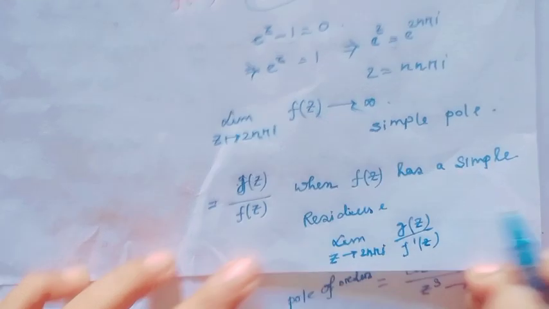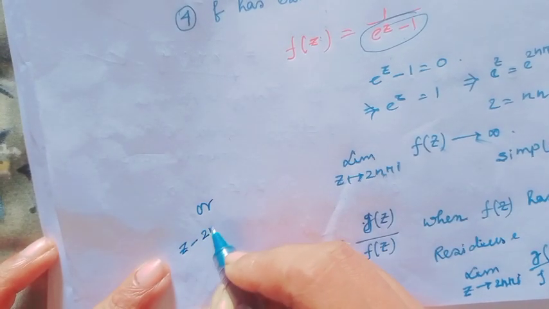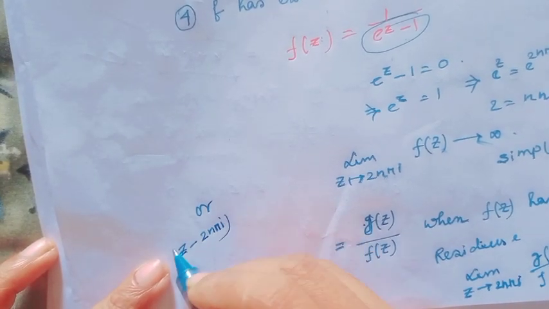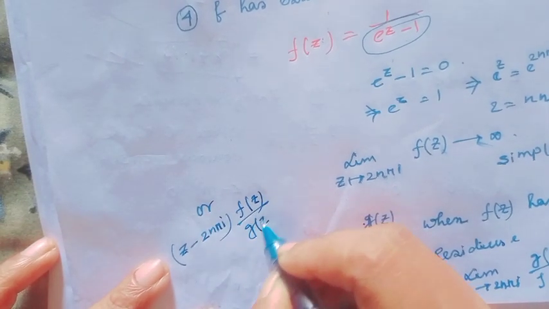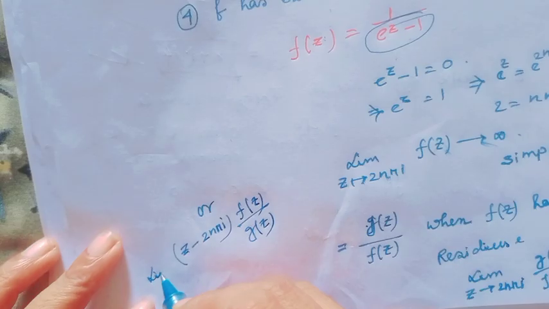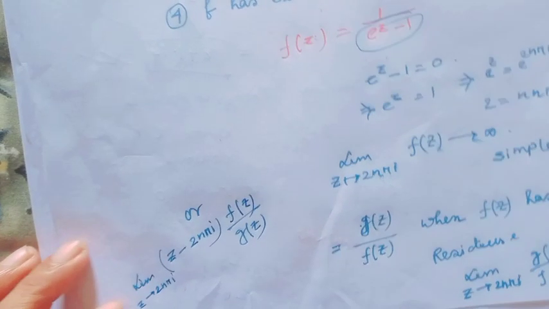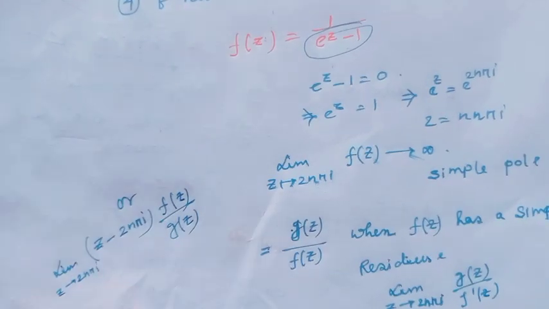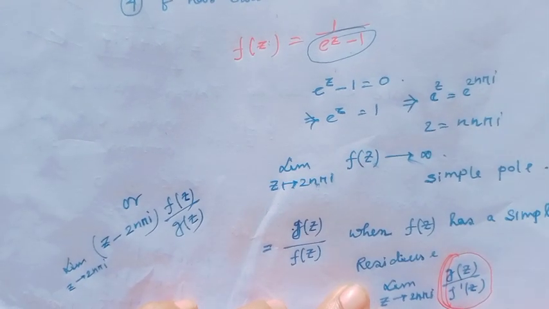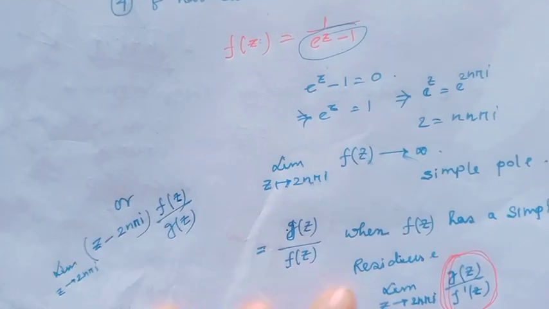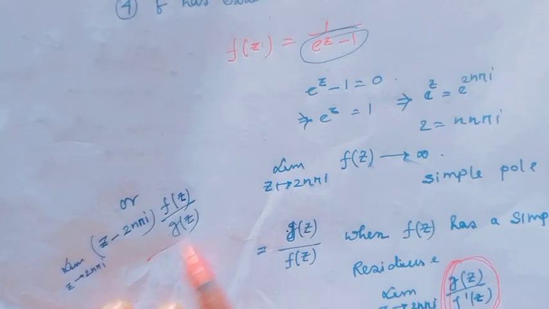This is one rule. Another rule is the limit as z tends to 2nπi of (z minus 2nπi) times f(z) over g(z). This is another rule. But this calculation would be the easier method.